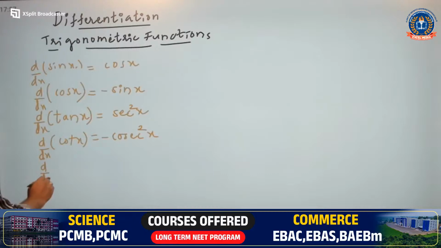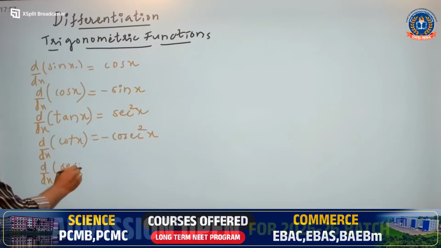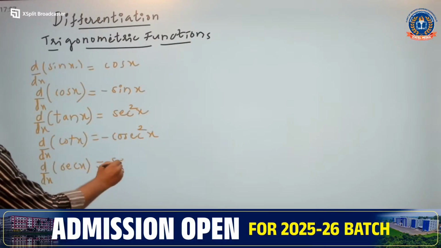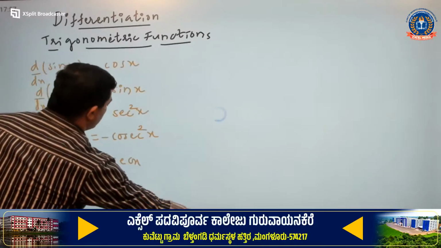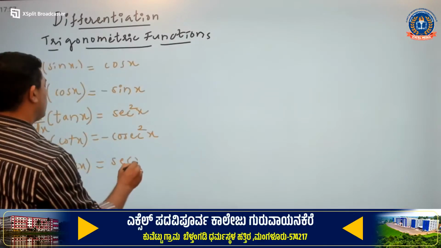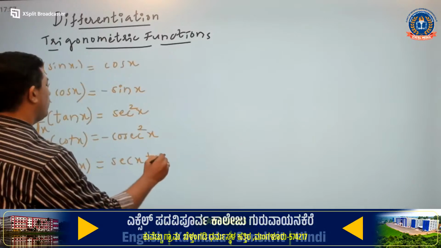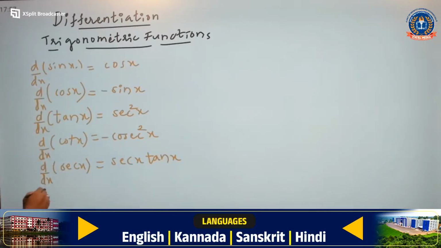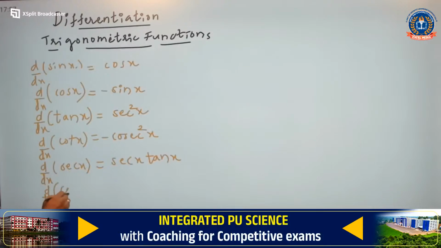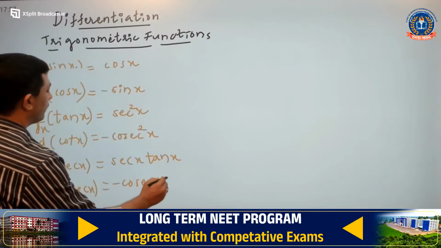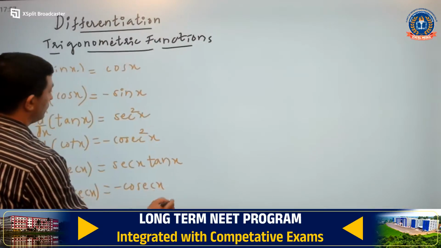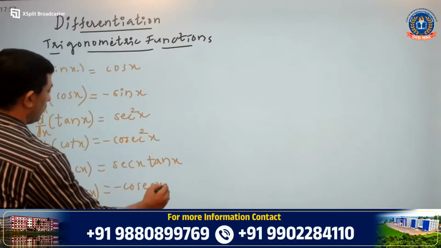Derivative of secant x is secant x into tan x. And the last one, the derivative of cosecant x is minus cosecant x into cot x.